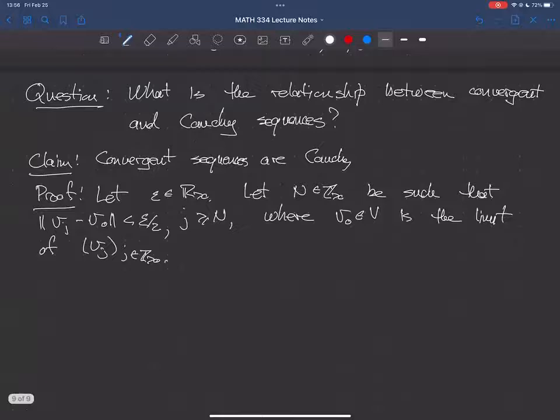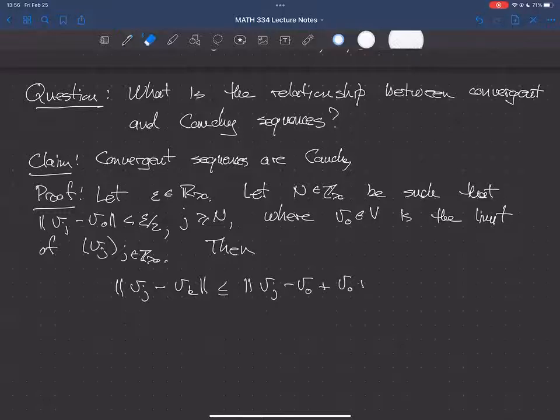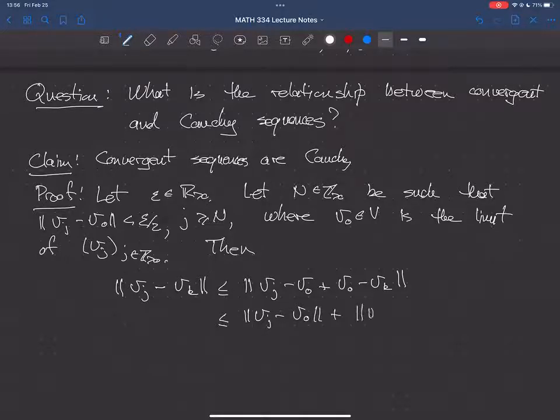Okay, so then Vj minus Vk is less than or equal to Vj minus V naught plus V naught minus Vk. And this is where the triangle inequality helps you. So this is Vj minus V naught plus Vk minus V naught.